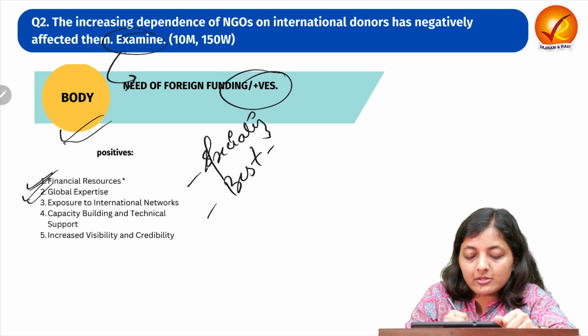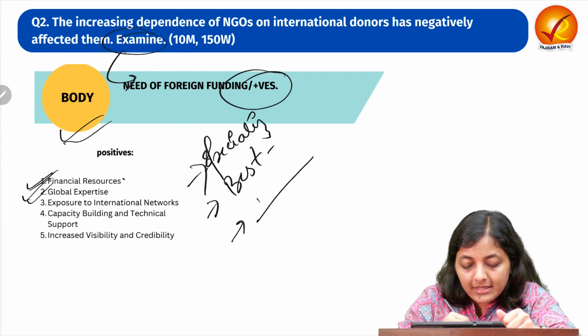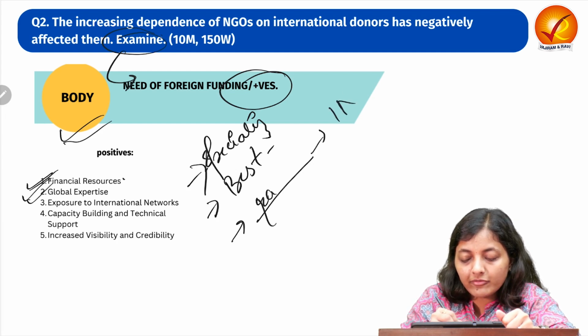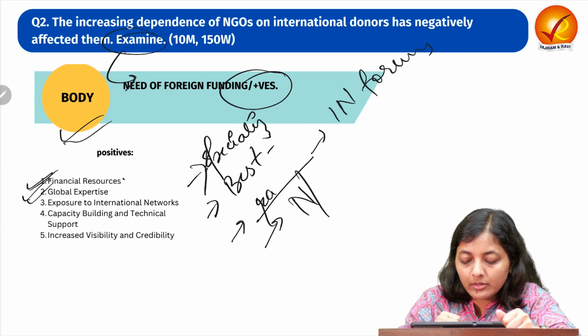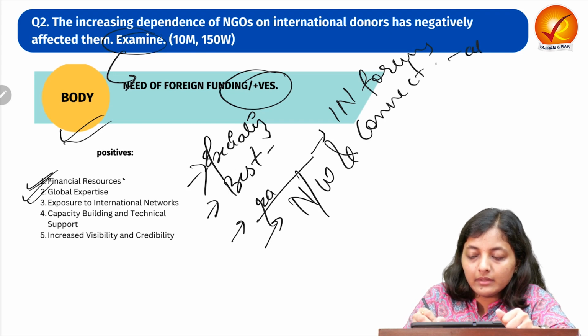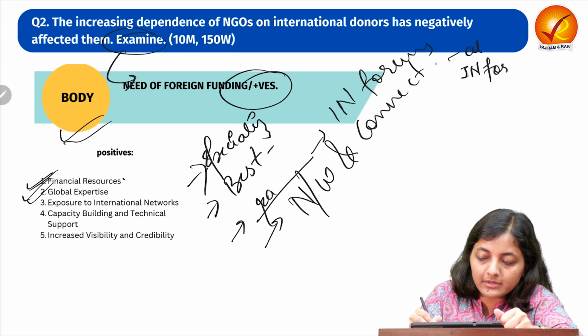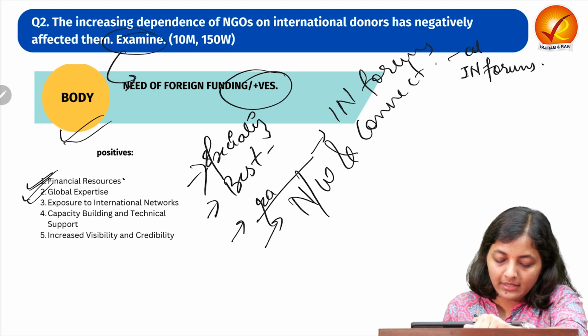Best practices also these NGOs can take advantage of. They can raise their concerns at the international forums. They can build networks and connectivity at international forums. So these are some positive aspects.